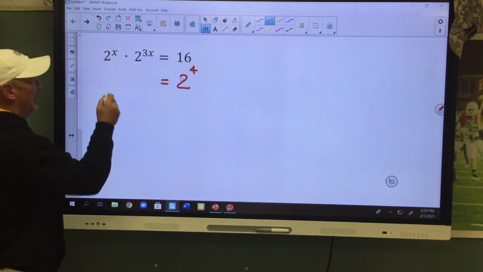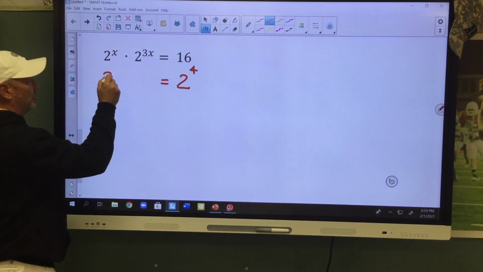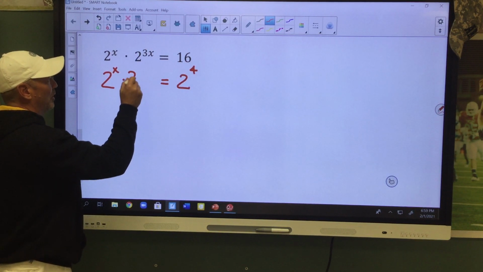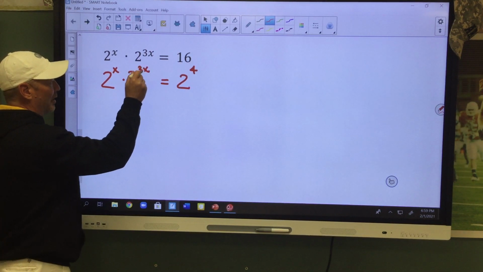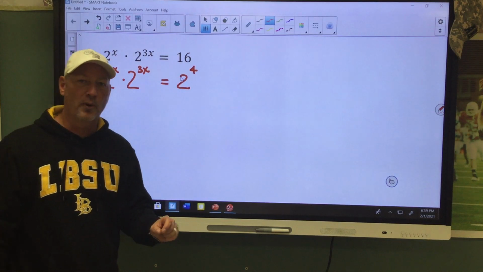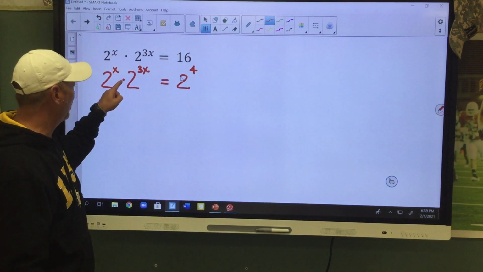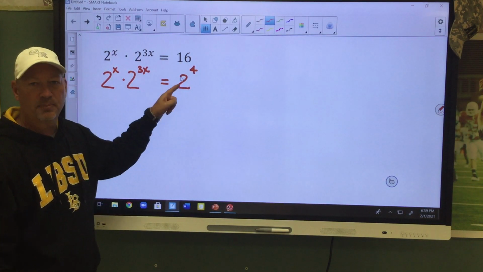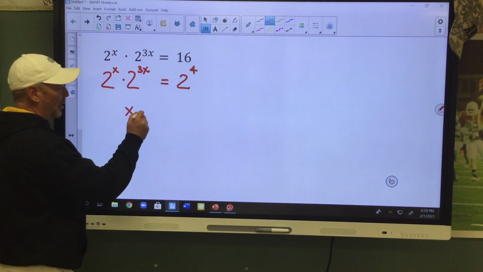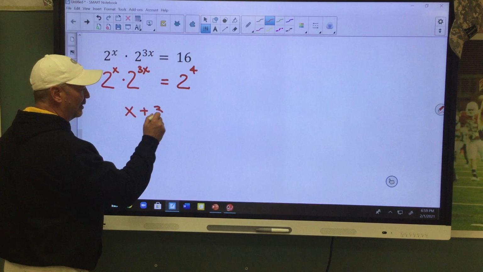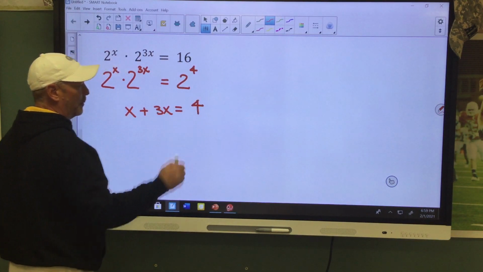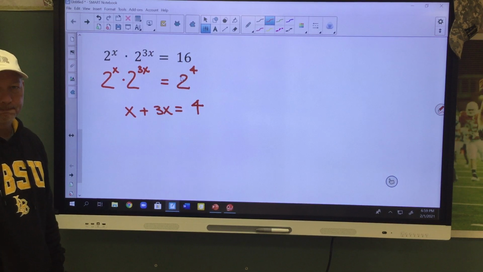Let's bring this down. I have 2 to the x power times 2 to the 3x power. Now all the bases are the same. But remember what I said, that when we multiply, you add your exponents. So we're going to go x plus 3x equals 4. Got it?